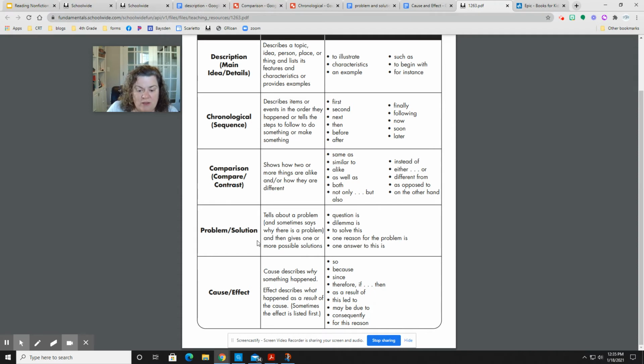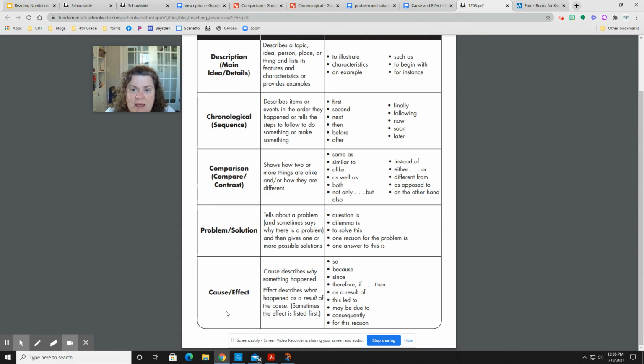Another one, the last one, to me, is the trickiest one. You have cause and effect. This one can get really tricky with problem and solution. In cause and effect, you're going to hear why something happened.